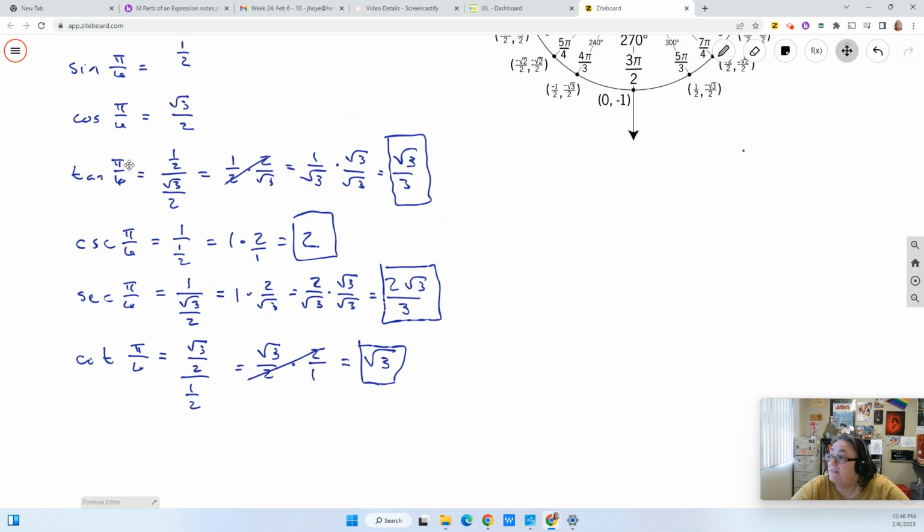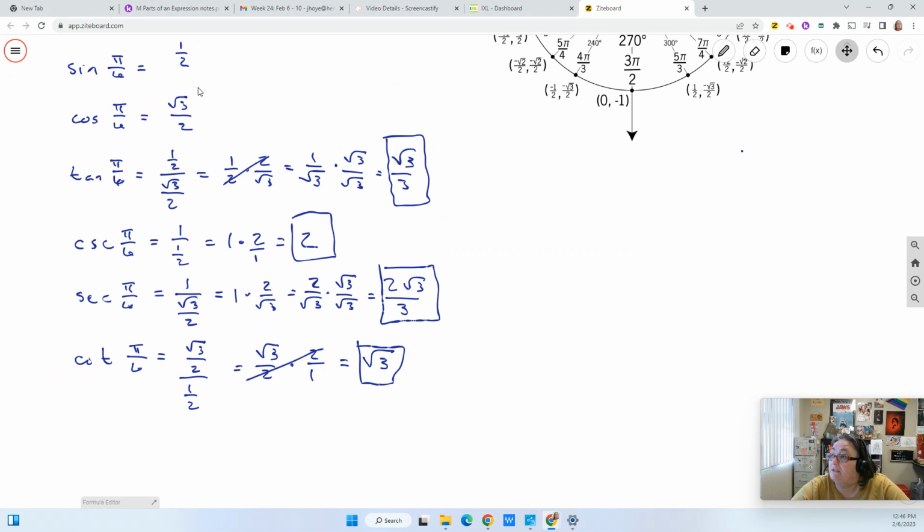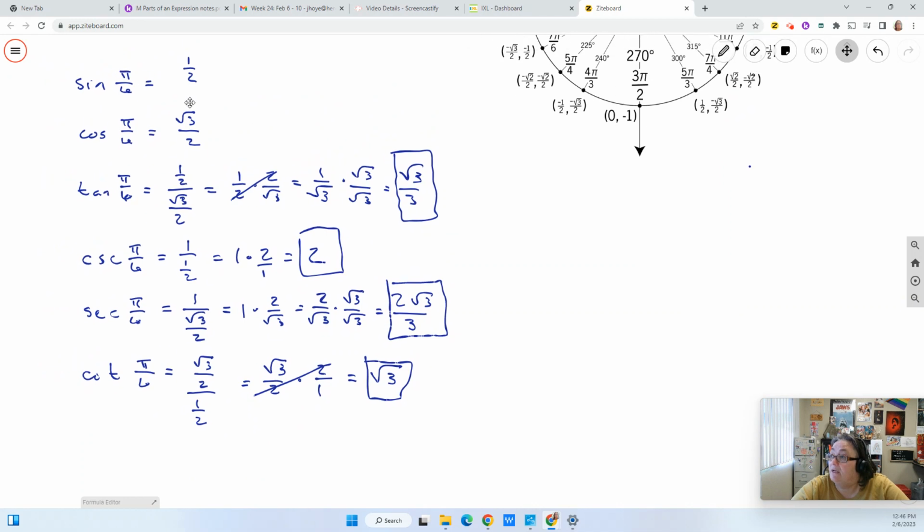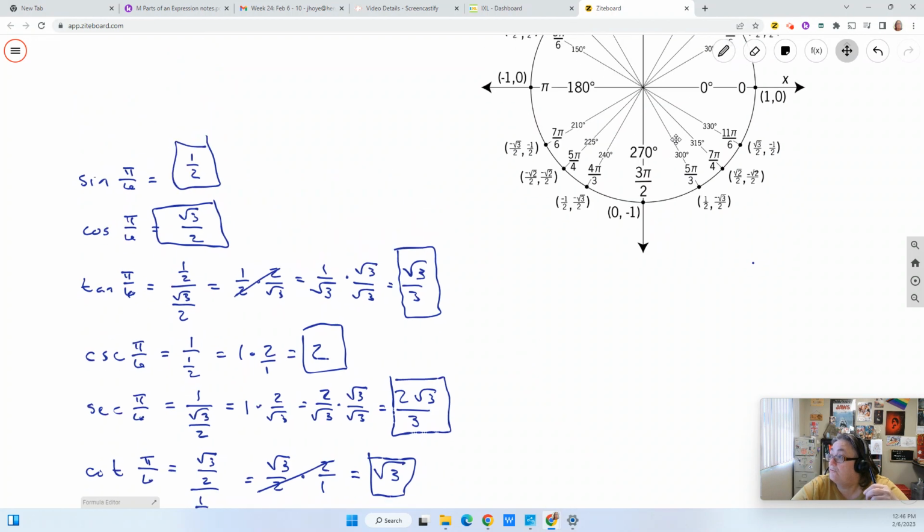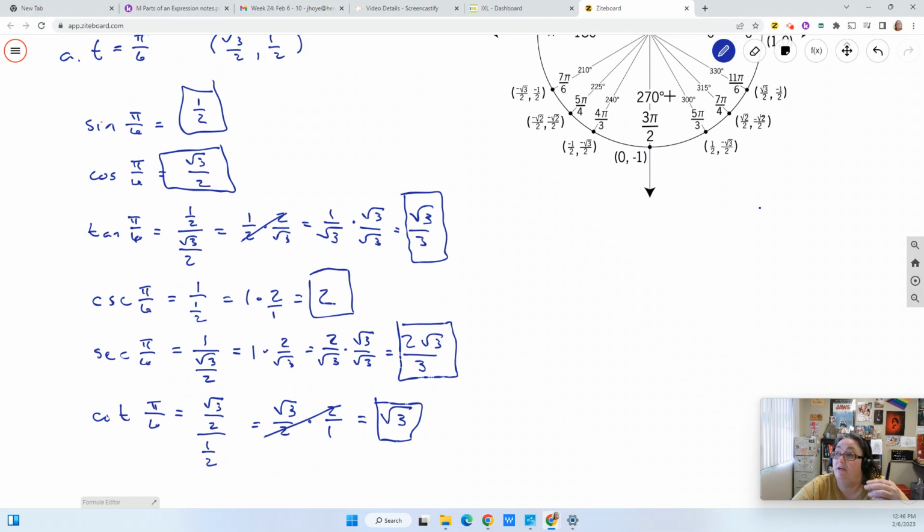But for the most part, that is really all you're doing with this assignment: you're going to be given a set of values or an area where to find those set of values, right? And then you're going to use those values to figure out the exact values of each trig function.